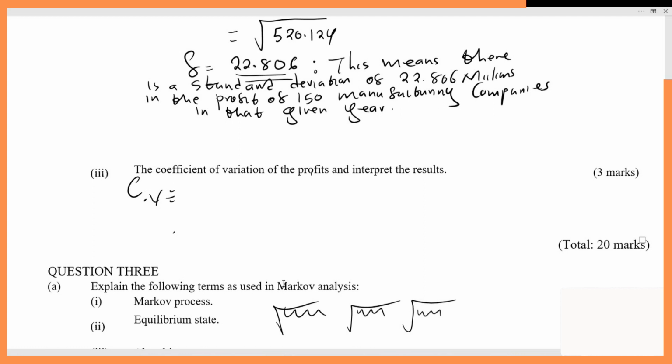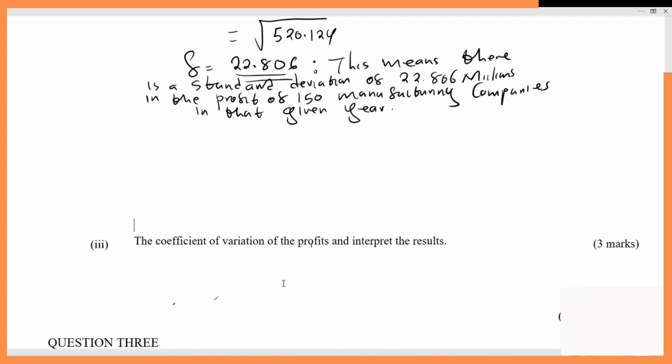CV is the standard deviation divided by the mean.